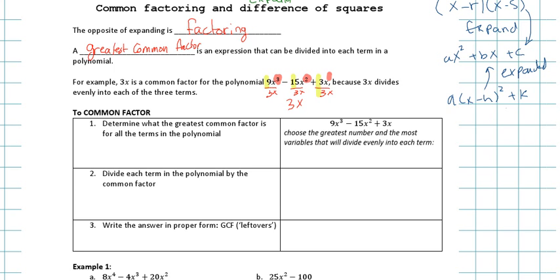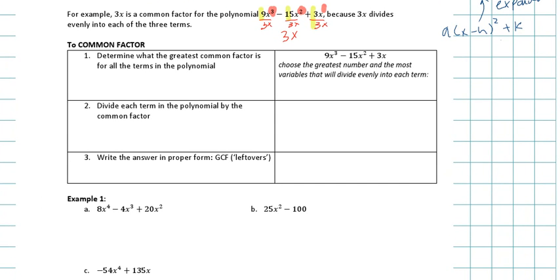So when you're looking at your polynomial, no matter what kind of polynomial you have, and when they ask you to factor, you're going to ask yourself, do I have a common factor? That's the first thing you want to do. Okay? So, do I have a common factor? Yes. What is it? 3x.